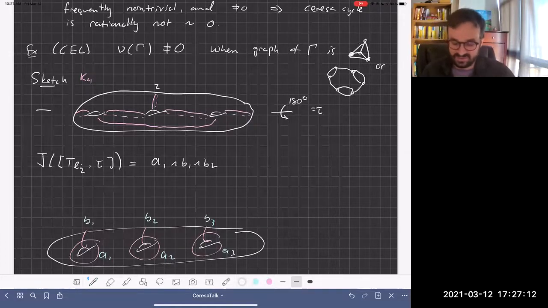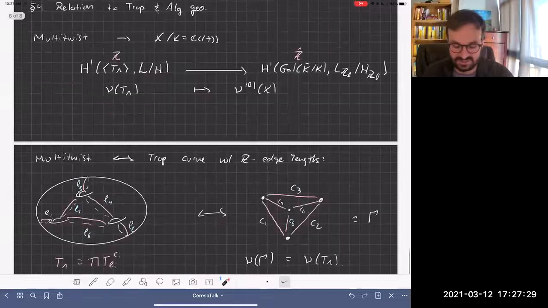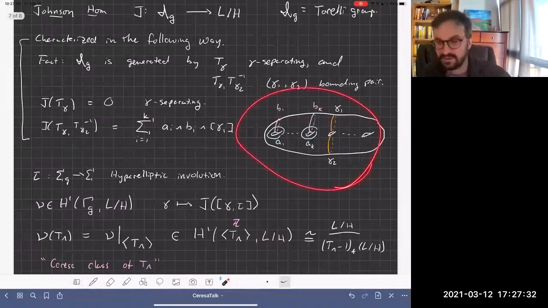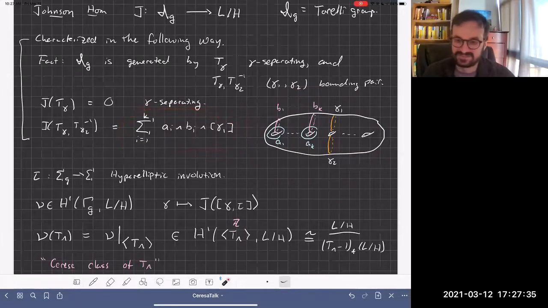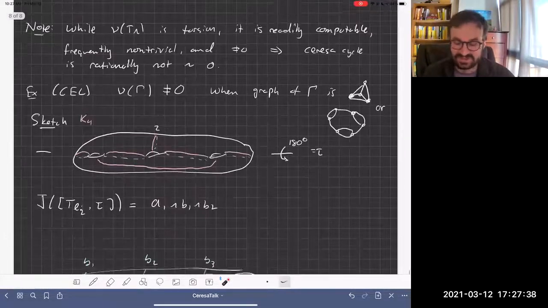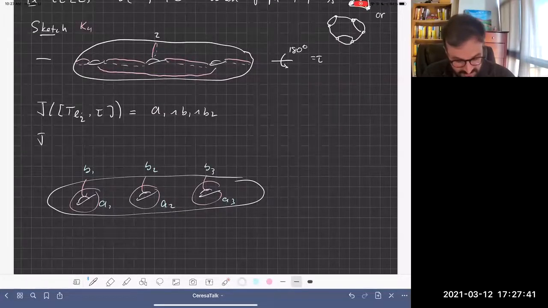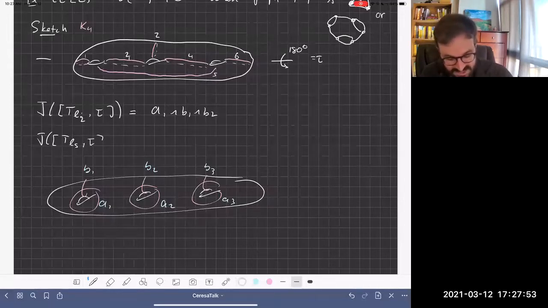If you use the formula for the Johnson homomorphism, you wouldn't be doing this during a talk, but hopefully it's at least convincing that if you just take this curve here and map it down here, and then use this formula for the Johnson homomorphism, this simplifies greatly. And then finally, you could do the Johnson homomorphism of T_L5, with tau.